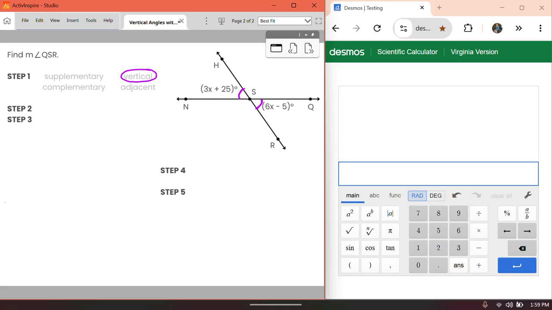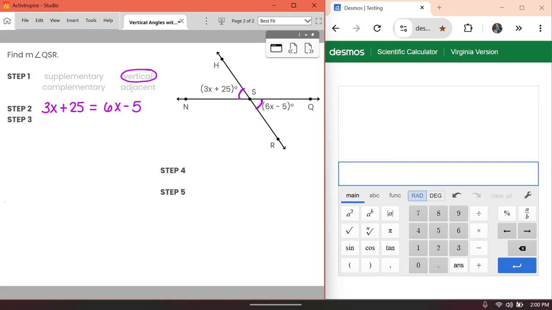So step 1, done. Step 2 says I need to set up my equation, but this one is different because vertical angles are congruent, and congruent means equal. So I'm going to take the top angle, HSN, which is 3x plus 25, and I'm just going to make it equal to the other angle, QSR, which is 6x minus 5.